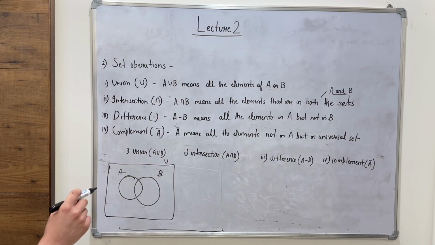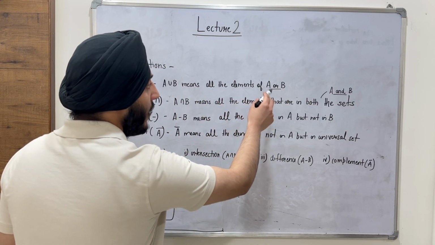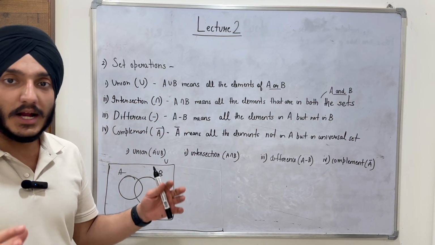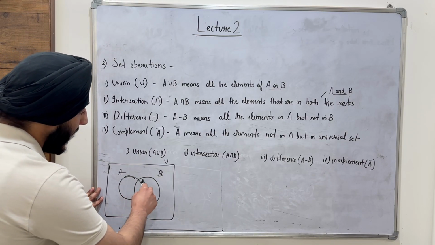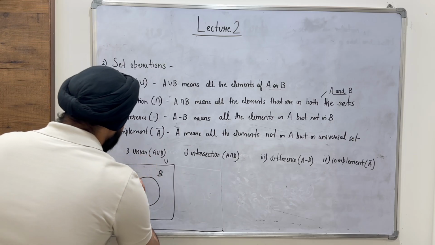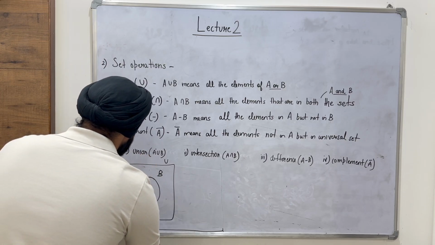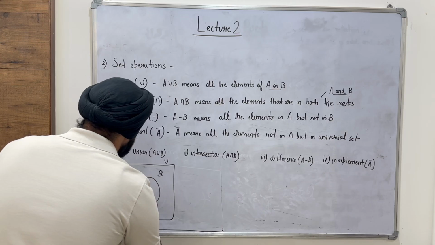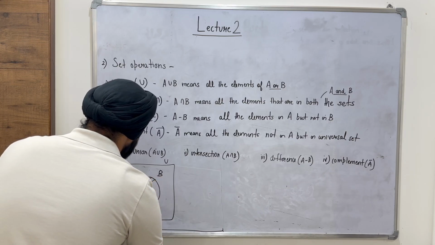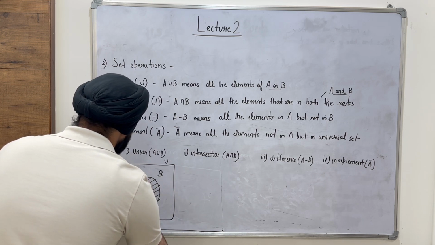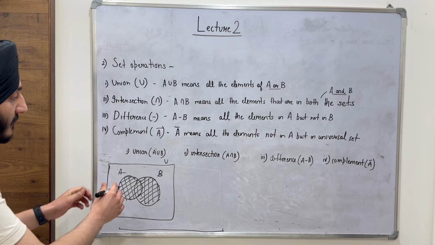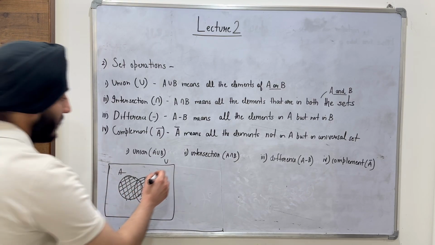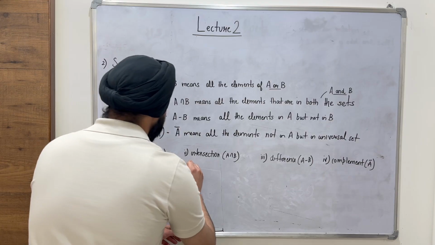Let's read the definition once again: all the elements of A or B, which is all the elements of A and B combined together. We have the elements of A over here, elements of B over here. So the union would simply be all the elements combined together. This entire shaded region would represent the union of A and B. And this is the universe. I hope that makes sense.